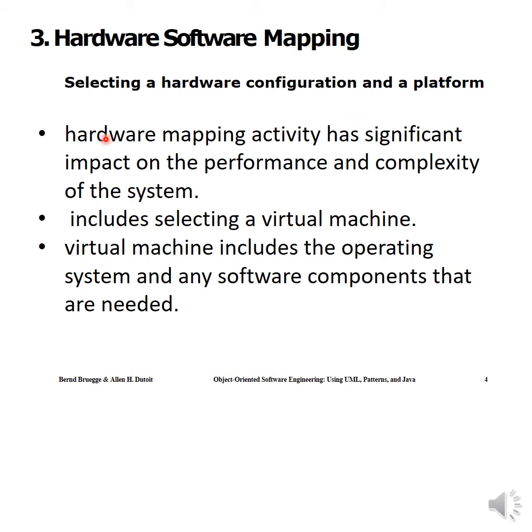The hardware mapping activity has significant impact on performance and complexity of the system. Many systems run on multiple computers. The use of multiple computers can address high performance needs and interconnect multiple distributed users.